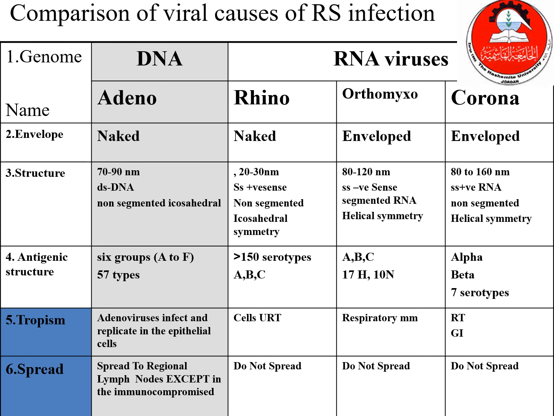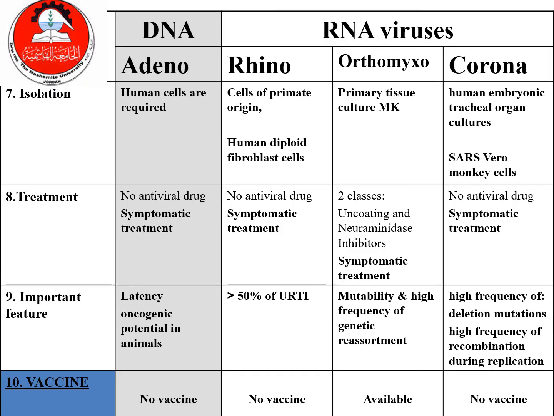These tables compare these respiratory tract viruses in terms of envelope, in terms of their structure, whether they are DNA or RNA viruses, the size of the virus particle, the antigenic structure, the cellular tropism, and do these viruses cause local or systemic infection.